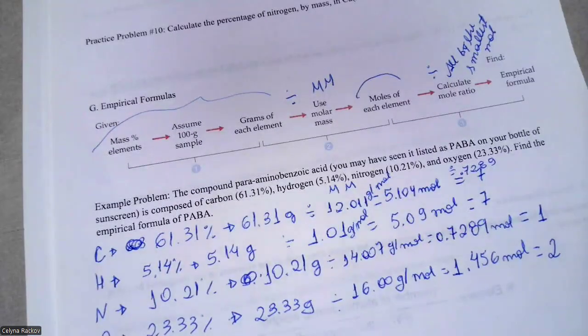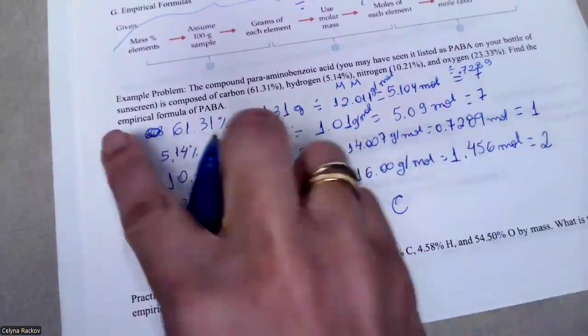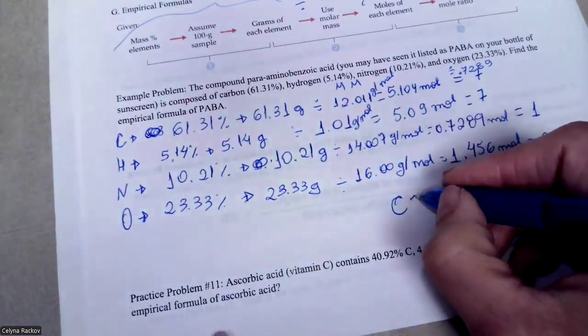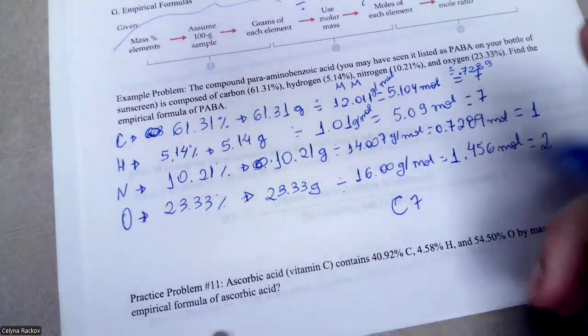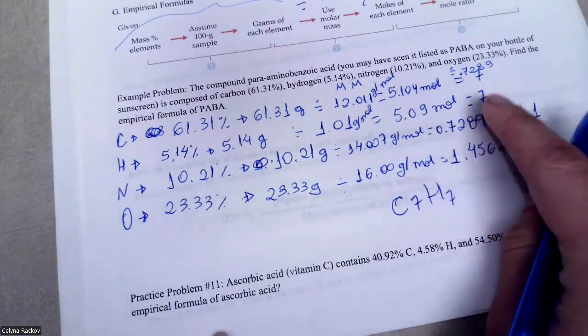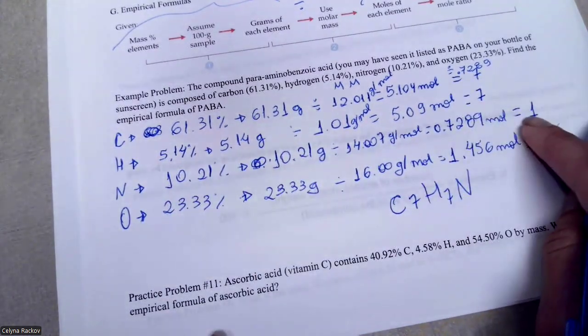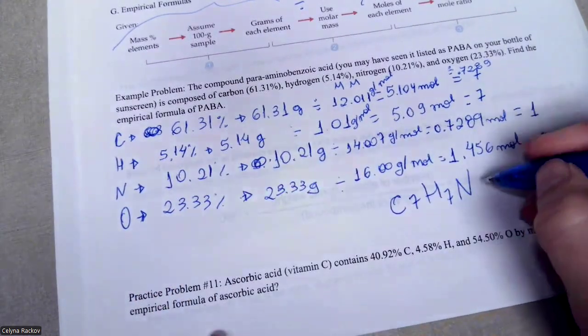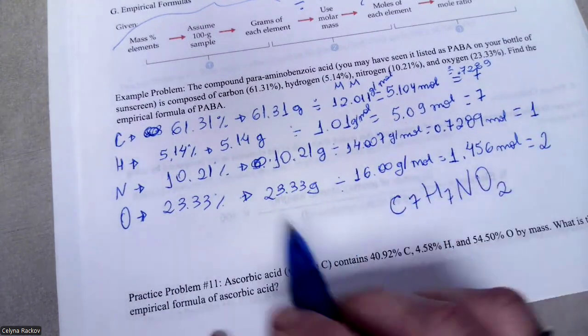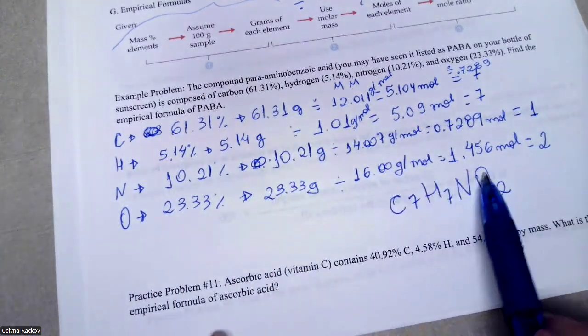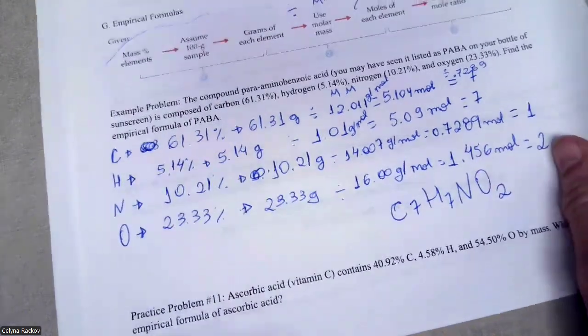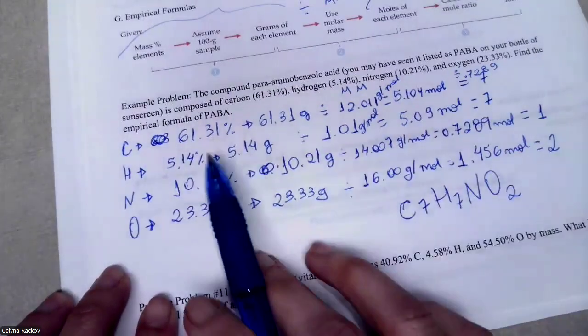Okay, so what's the empirical formula here? What will be the answer? 7 carbons, 7 hydrogens, 1 nitrogen, and 2 oxygens. So this is the answer for this question, the empirical formula, right?